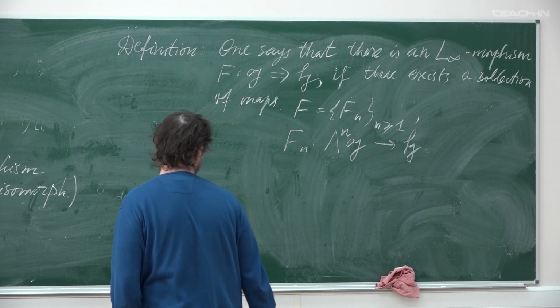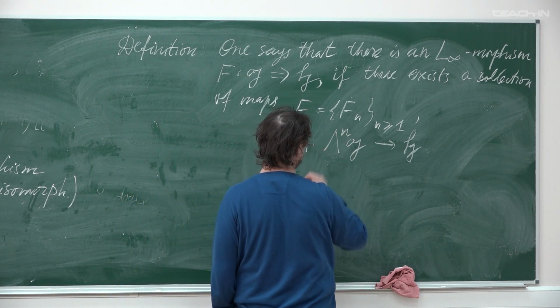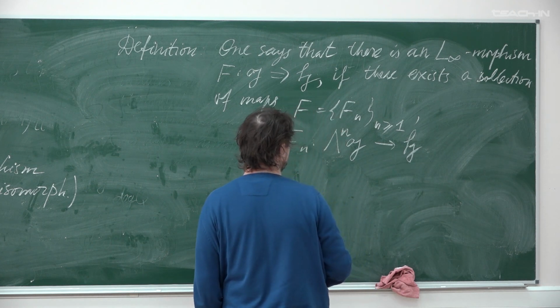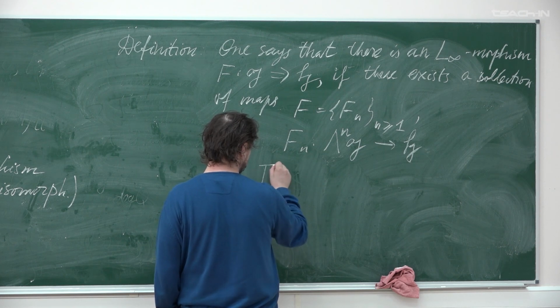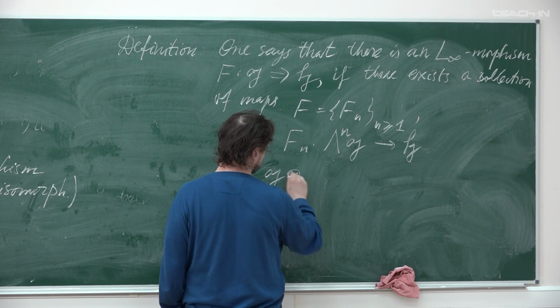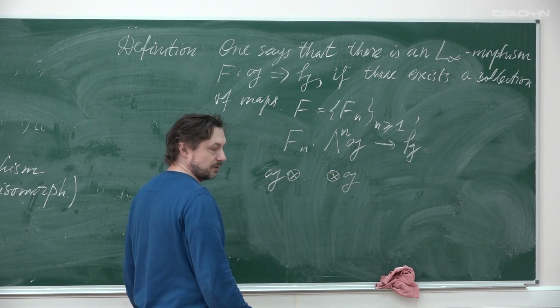It means, in fact, that you take the tensor product of n copies of G.